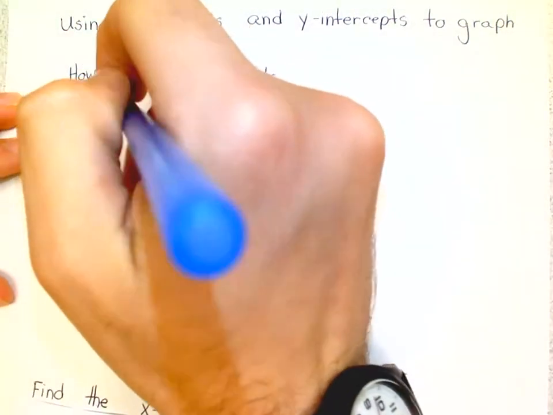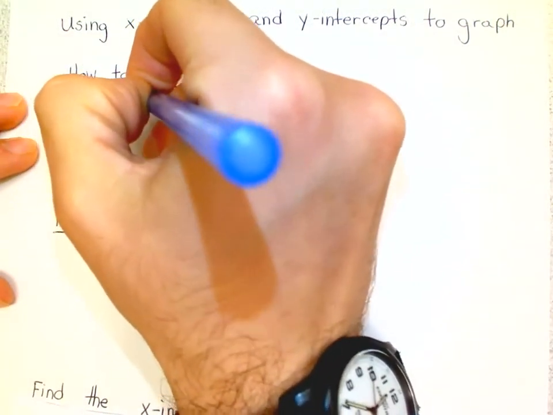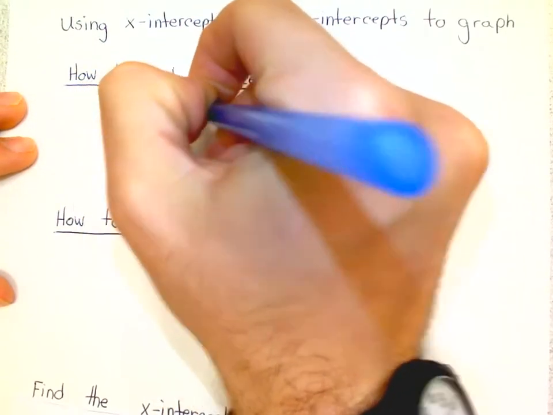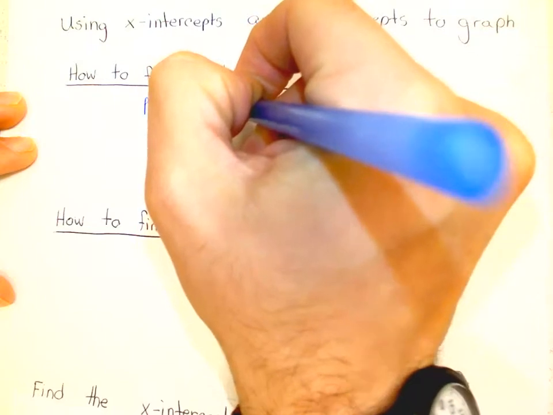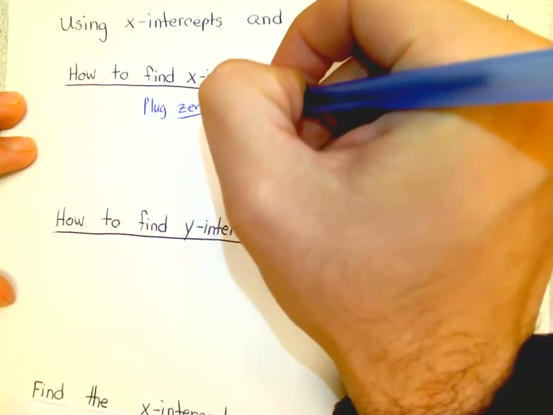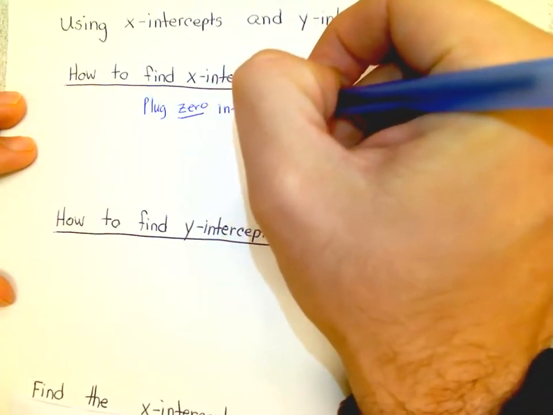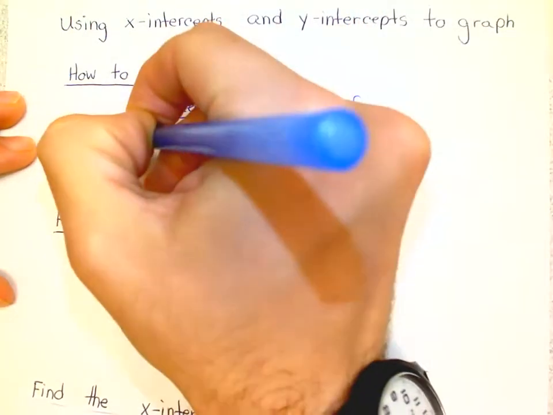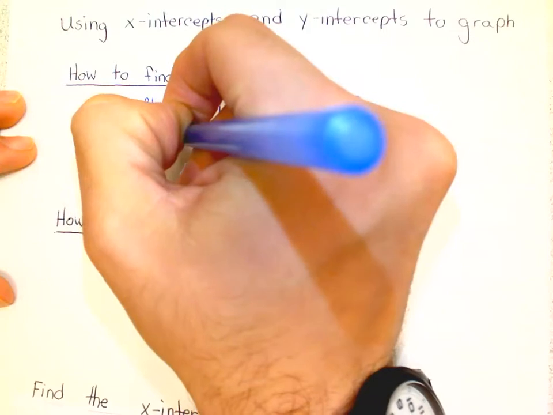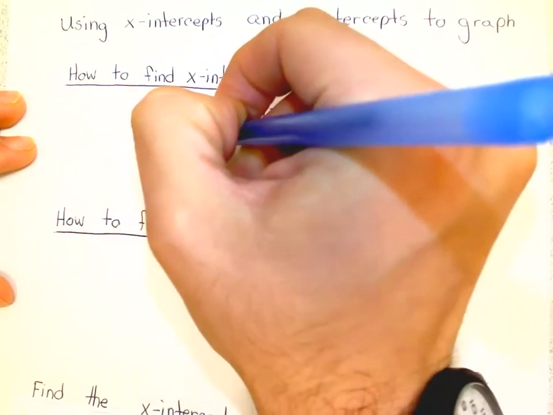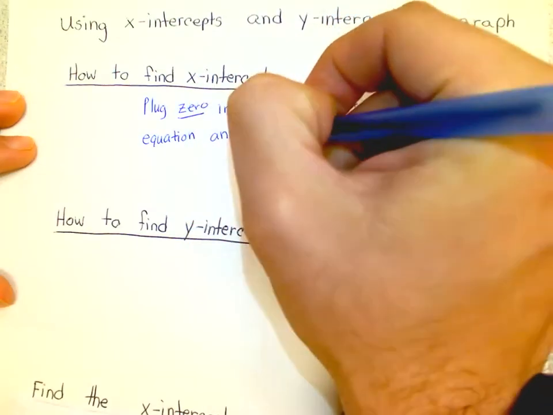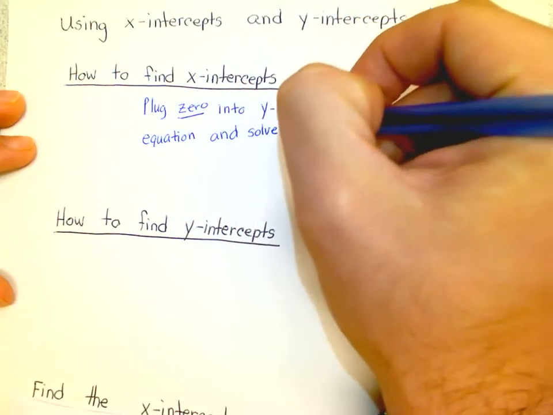What you want to do is plug 0 into the y variable of the equation and solve for x.